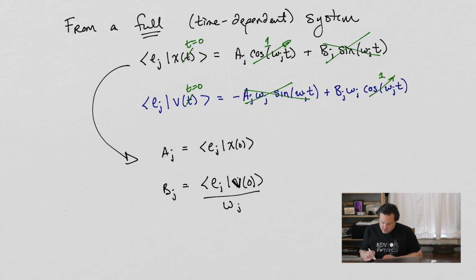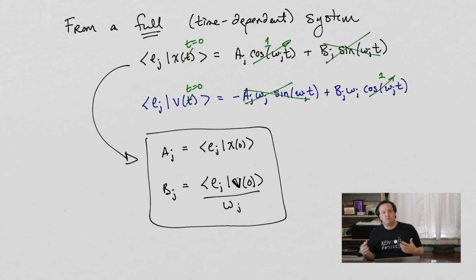And of course, this looks just so much like what we got when we were looking at the shoe, right? When we were trying to find out what are the a's and b's when I have just a single particle. Here, I'm saying, what are the a's and b's for that particular mode j, right? And so if I know what my initial positions are, and I know what my initial velocities are, then I can find out what are all of the a sub j's and what are all of the b sub j's, right?